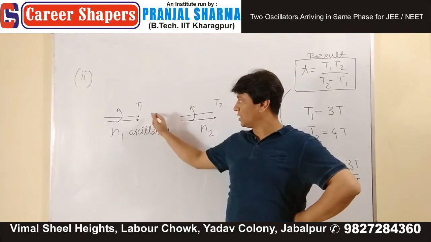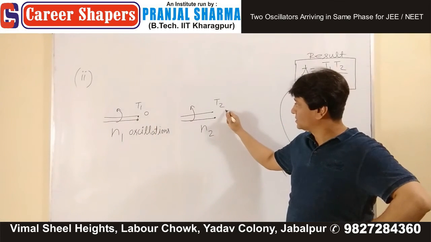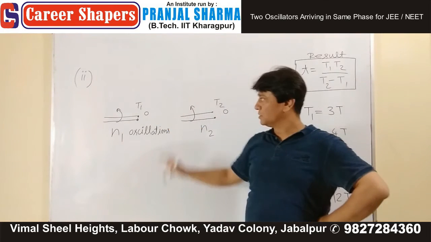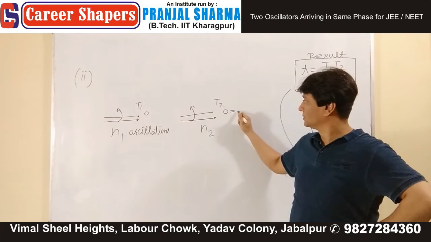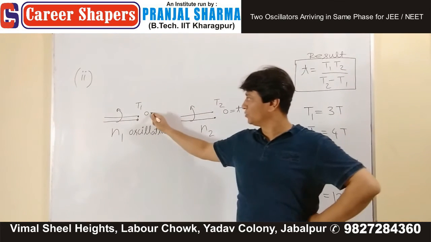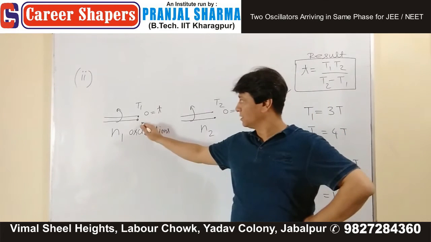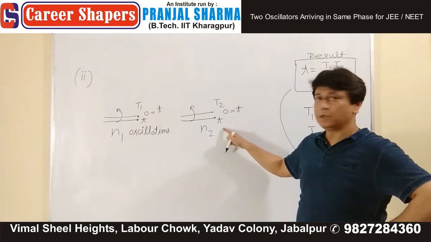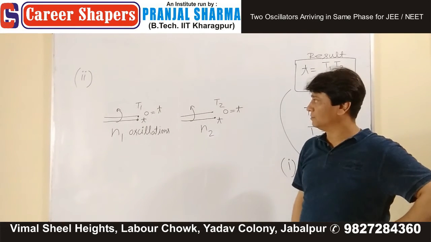They both started at time 0. These are the time periods. So they both start when time is 0, and after time T, they are back at that same position.